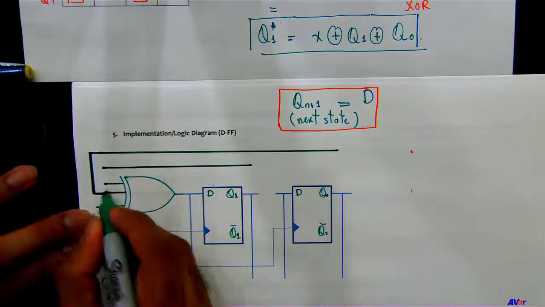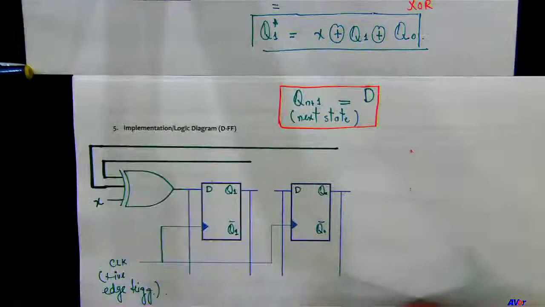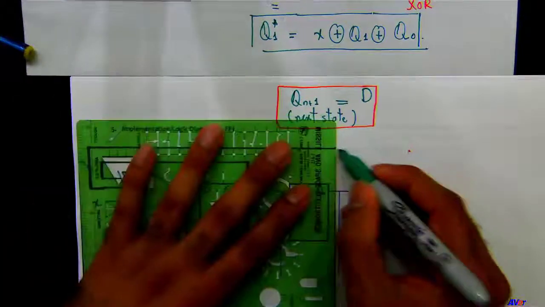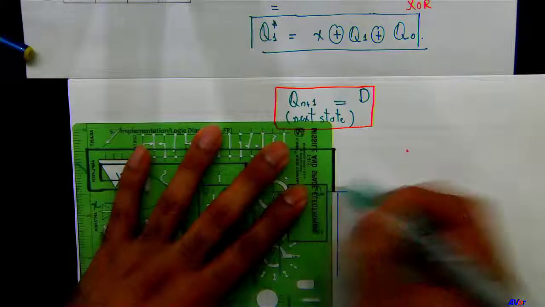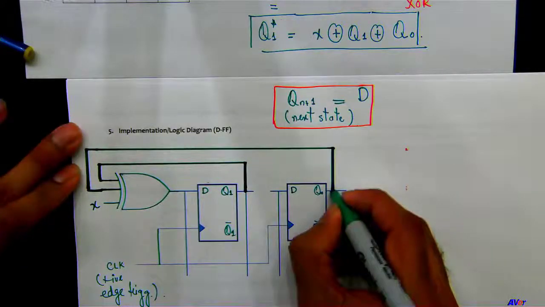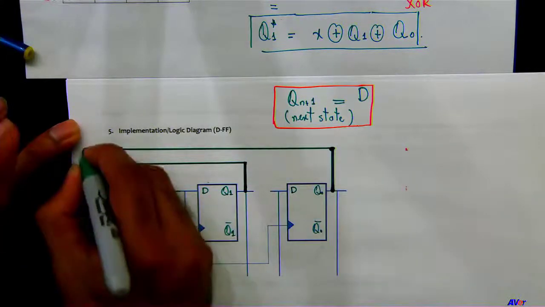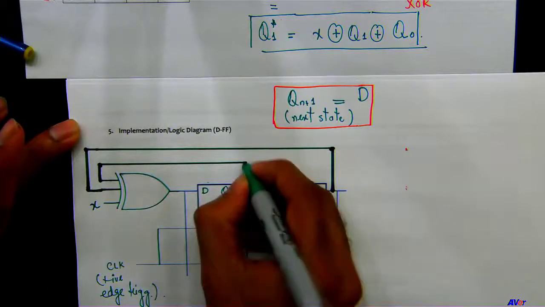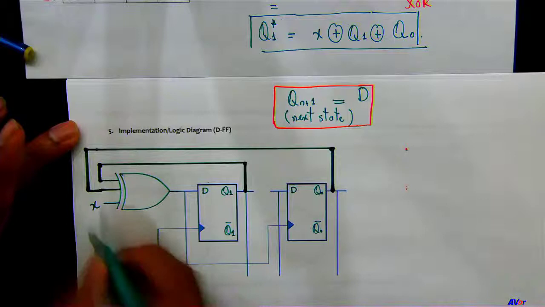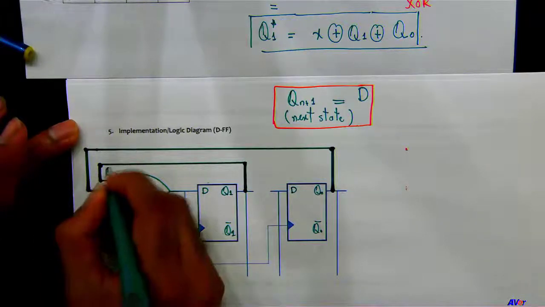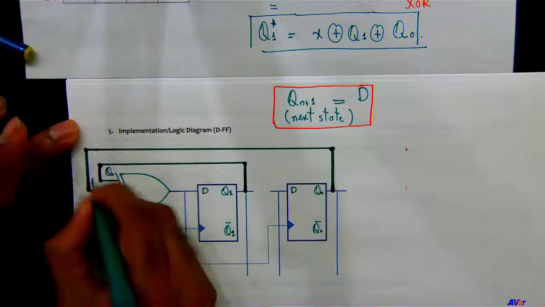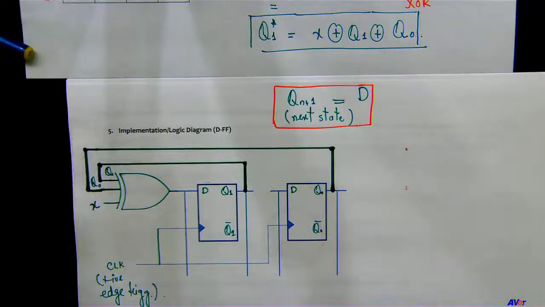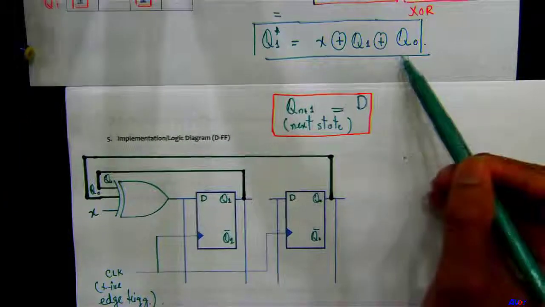This goes here, this is connected to this. This is my Q1, this is my Q0. So this is my Q1 and this is my Q0 right here. Okay, so I've taken care of this expression right here.